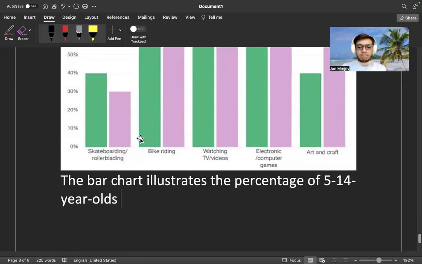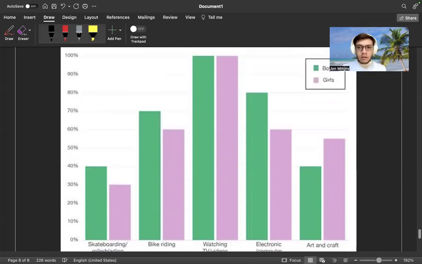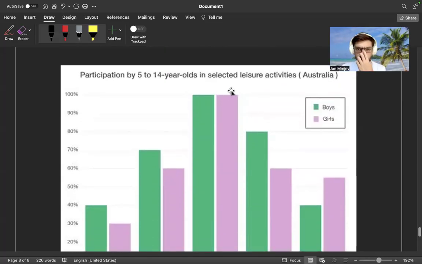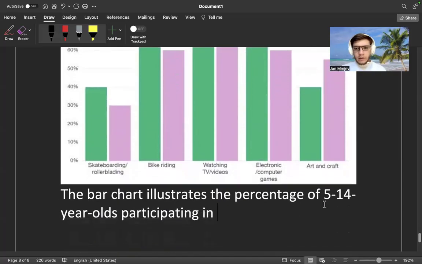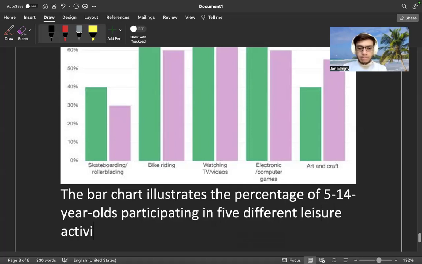So participating is better, I guess. Participating in selected leisure activities. So we have 1, 2, 3, 4, 5, in 5 different leisure activities.